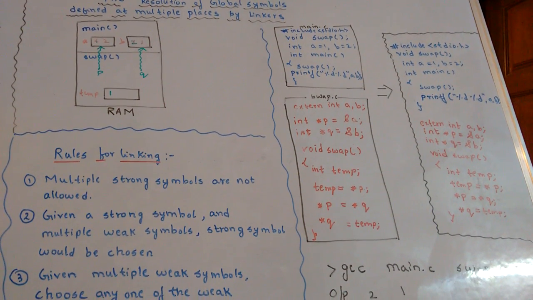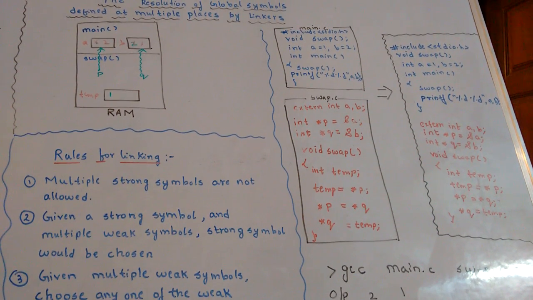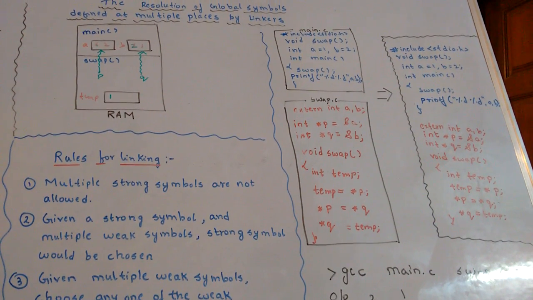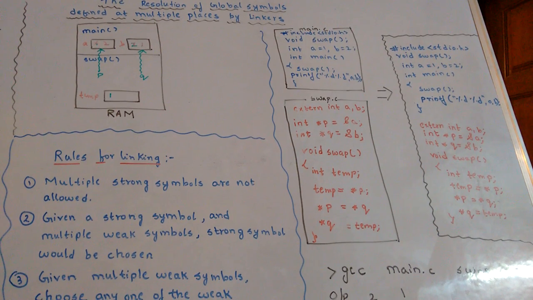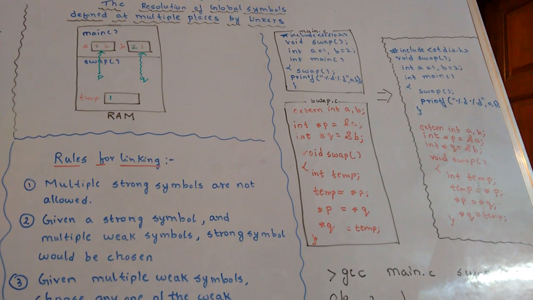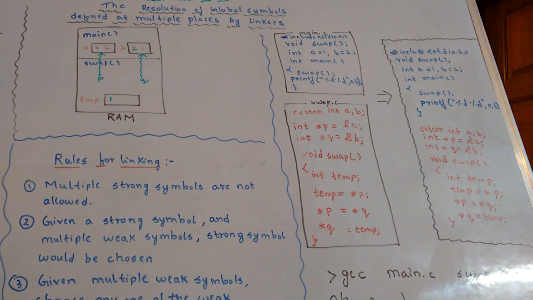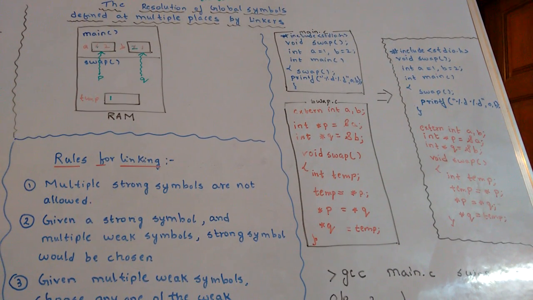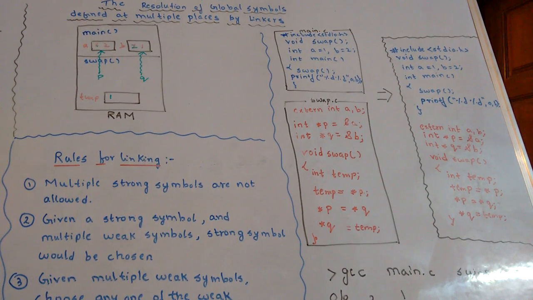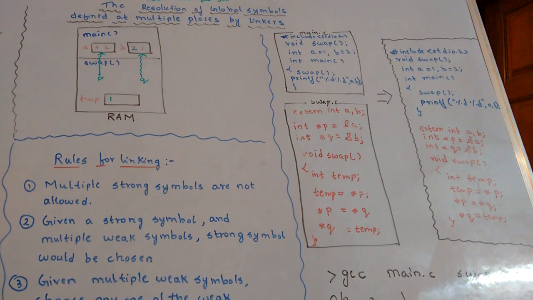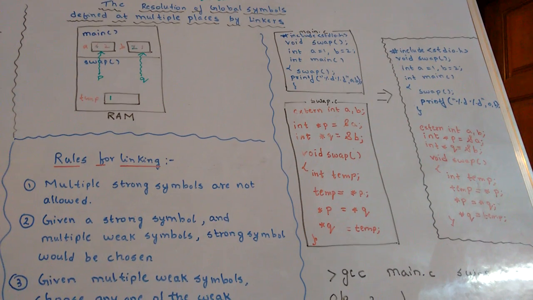In other words, whatever is there in b, give it to a. So a's value will become 2 now. After which I will say *q = temp. So as I've told you, star in this case means penetration operator or dereferencing operator. When you penetrate inside b, whatever is there in temp, put it there.